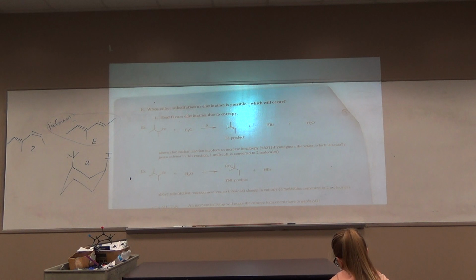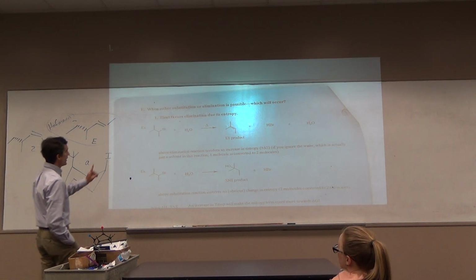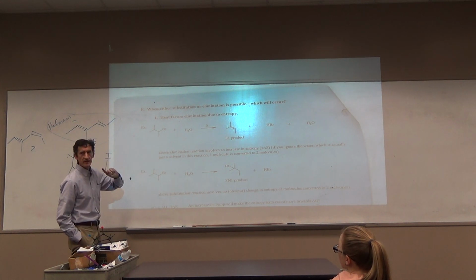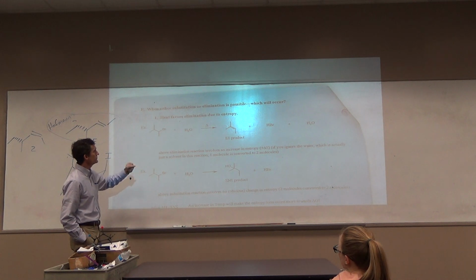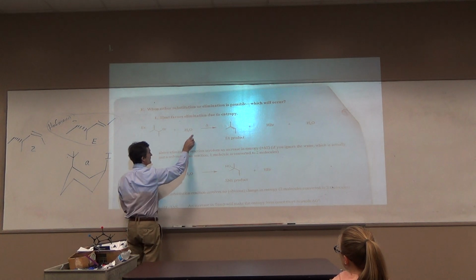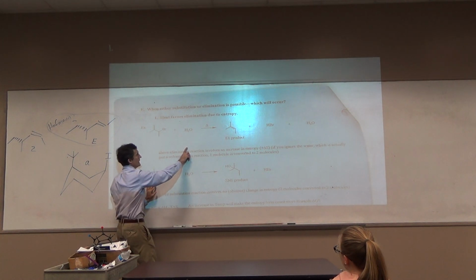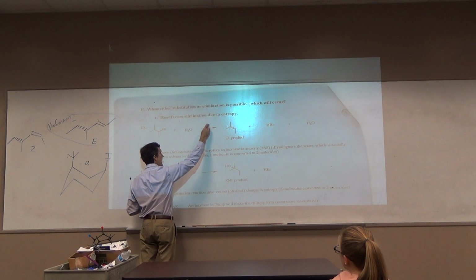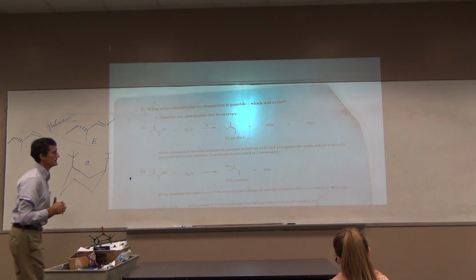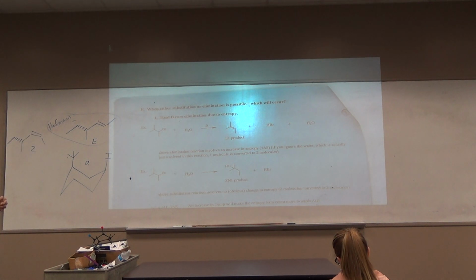Okay. When either substitution or elimination is possible, which will occur? Factor number one, heat favors elimination. I think we may have mentioned this before. Due to entropy. If you take this compound and heat it in water, heat, higher heat better, it's probably going to do an E1 elimination. How do we know it's E1 and not E2?